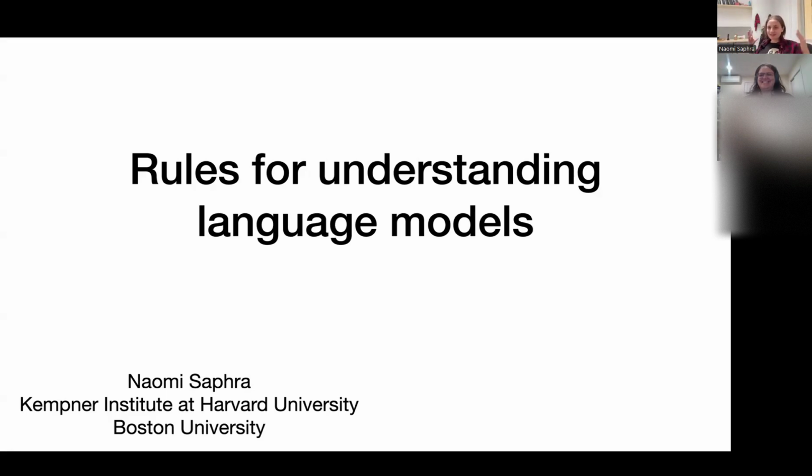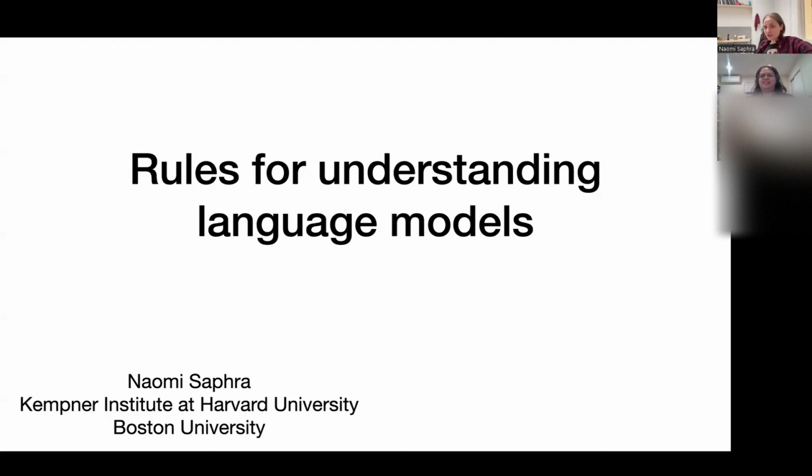I am currently a Kempner Research Fellow at Harvard. I'm about to start as an assistant professor at Boston University, so I don't have to move too much. And I work on language models.